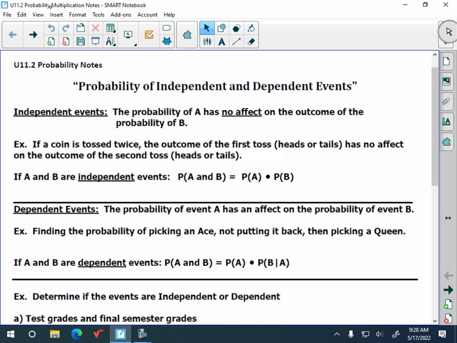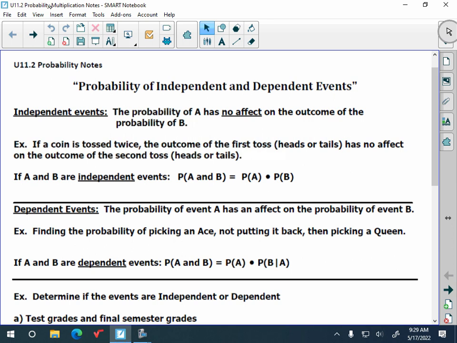We know that the probability of picking a queen is also 4 out of 52 because there's 4 queens. But if I pull the ace out and I don't put it back in the deck, there's not 52 cards left in the deck, there's only 51. So the probability of the second card being picked to get a queen is going to change because I didn't put that first card back in. So the first probability is affecting the second.